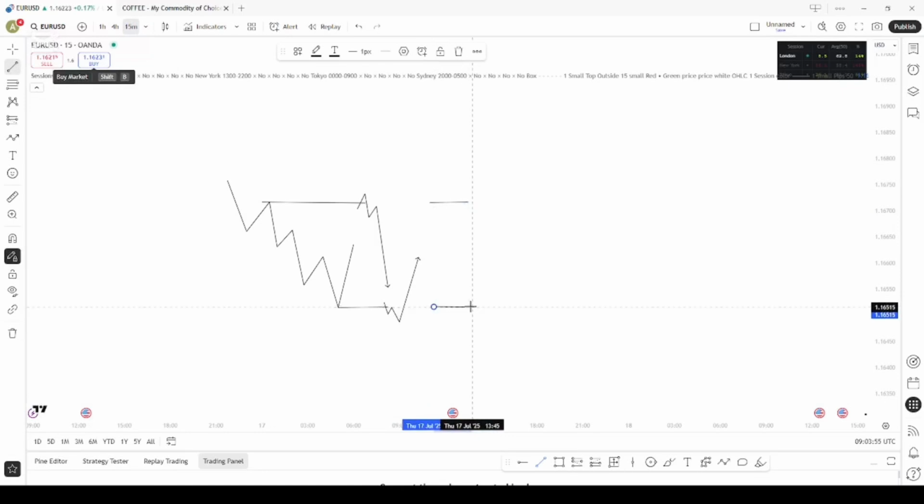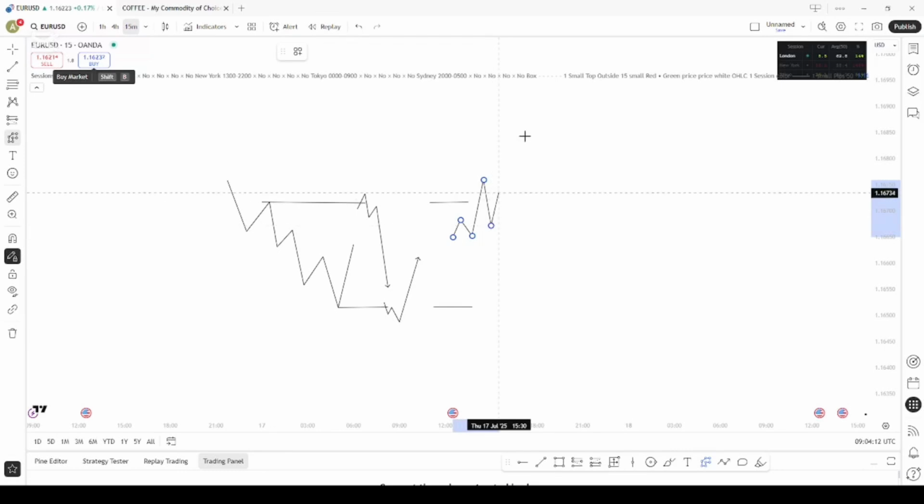So let me mark these things again. Or price can come without a structure, it breaks, and this happens when price breaks, it reverses to the minor time frame, it continues. You get it?